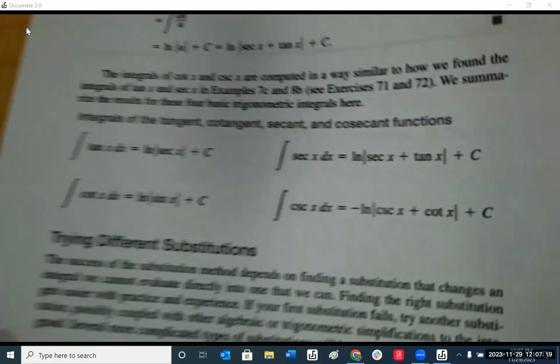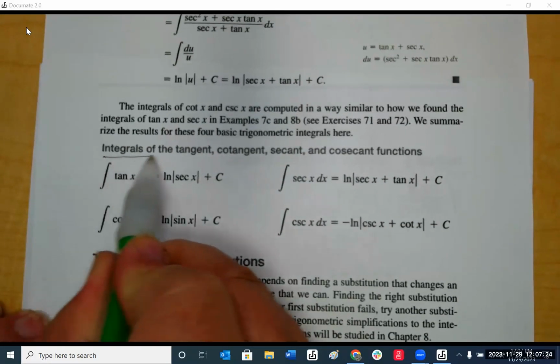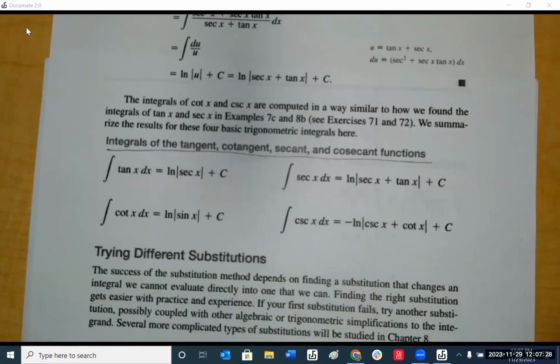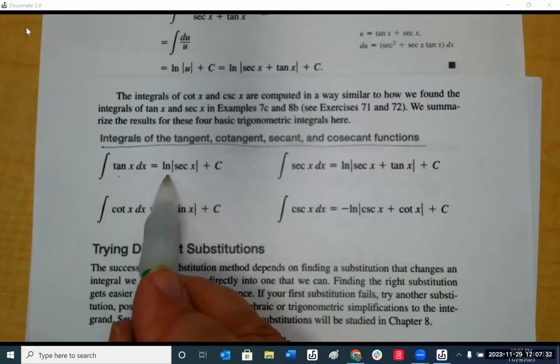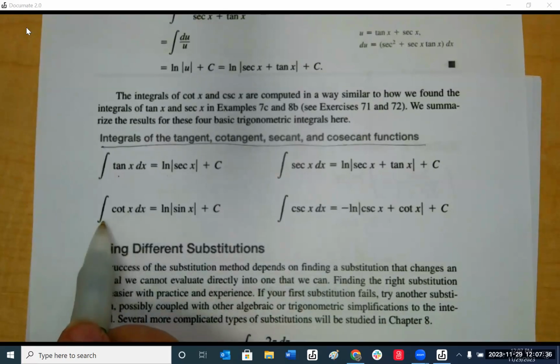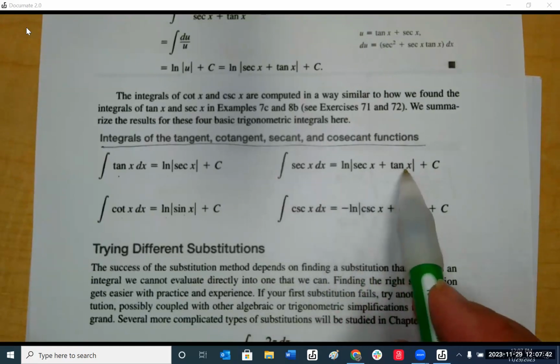Oh yes, here. The integrals of the tangent, cotangent, secant, and cosecant functions. The integral of tangent is ln of secant. Integral of cotangent is ln of sine. Secant is ln secant plus tangent.